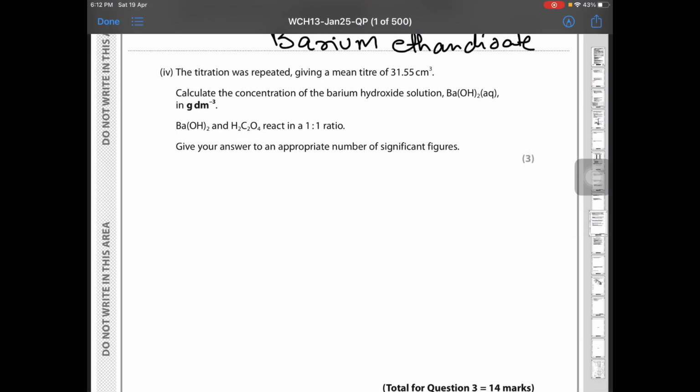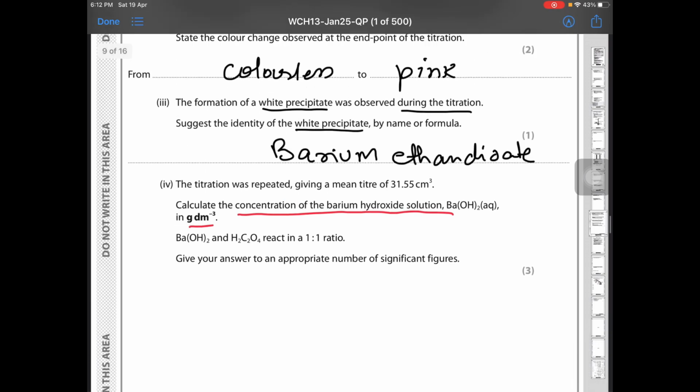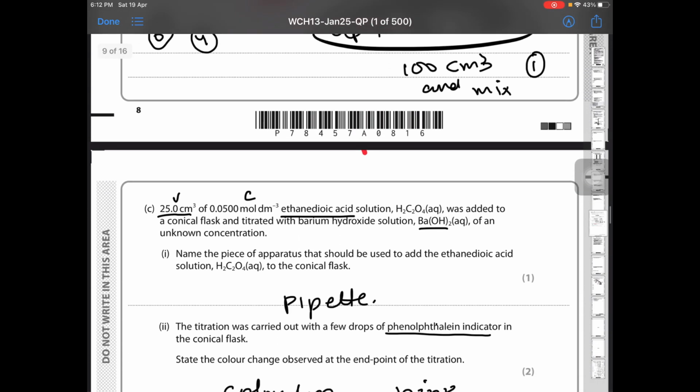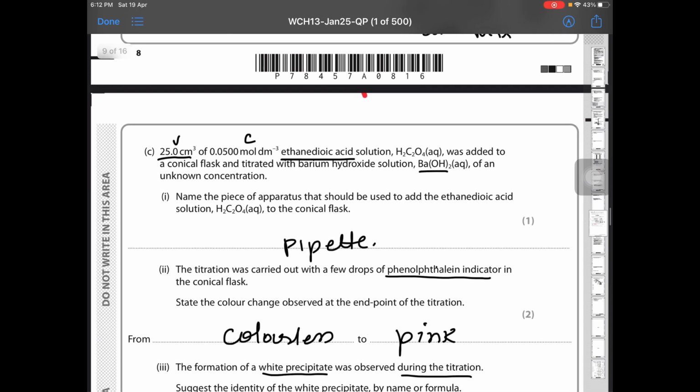Okay, so in this question, they're asking you to calculate the concentration of barium hydroxide in grams per decimeter cube. So you have to find the moles. So first of all, let's go back and see the values. Volume and concentration is given to you. You can easily find the moles.